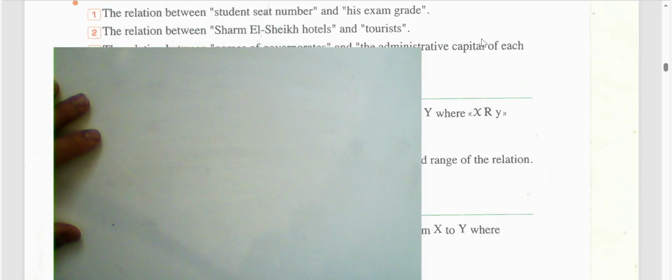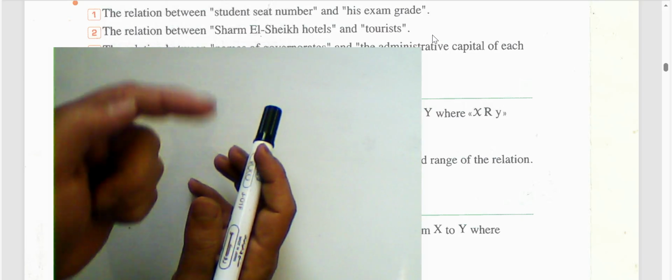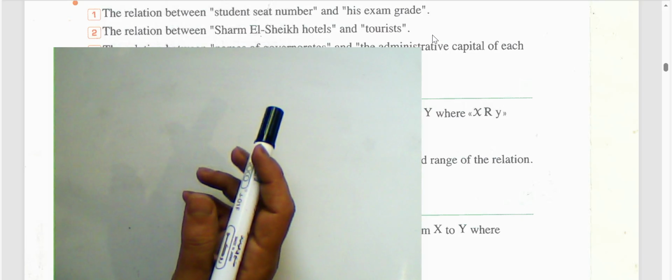Number 2, relation between Sharm el-Sheikh hotels and tourists. Function, not function? Not a function, because the tourists can go to another hotel, or we can put a group of tourists in one hotel. Okay, this is not a function.